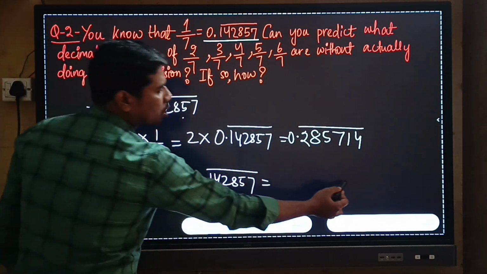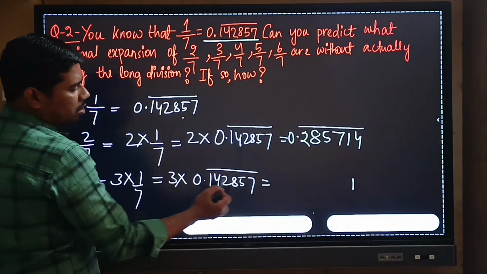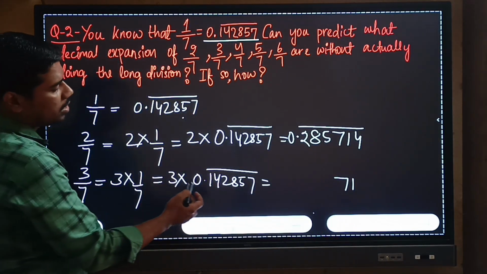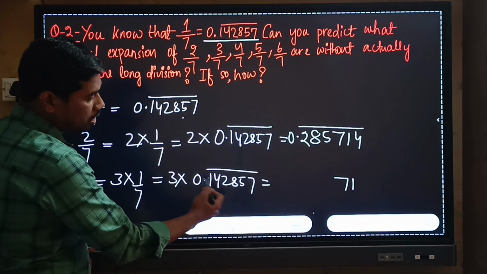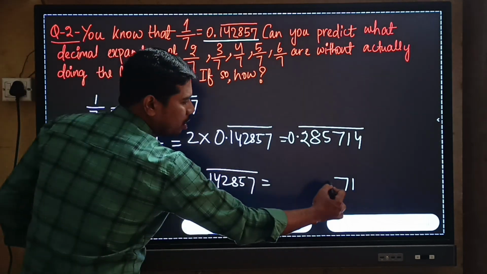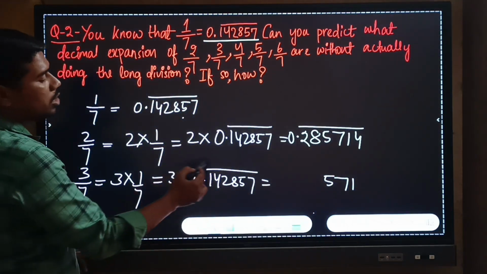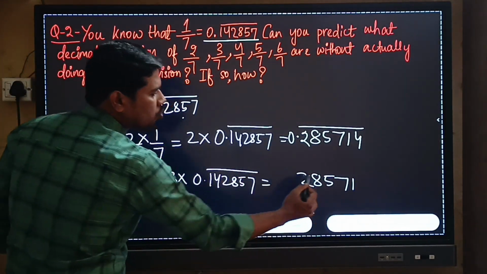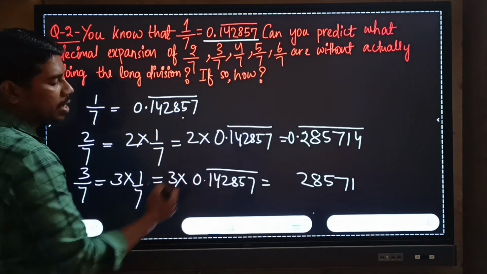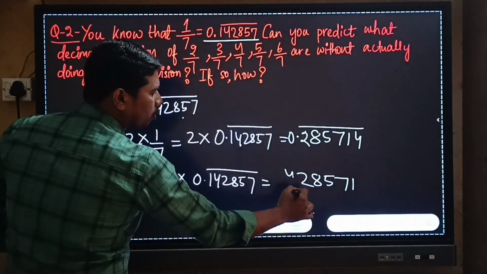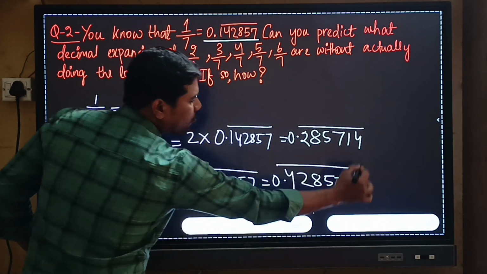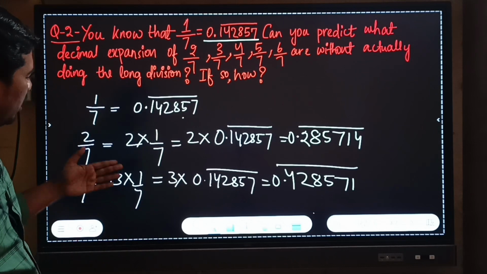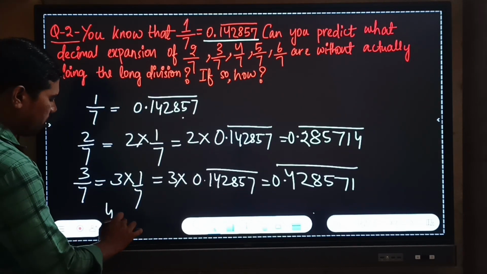So 3 7s are 21, 1, 2 carry. 3 5s are 15, 15 plus 2 is 17, 7, then 1. 3 8s are 24, plus 1 is 25, 5, then 2 will carry. 3 2s are 6, 6 plus 2 equals 8. 3 4s are 12, 2, 1 will carry. 3 1s are 3, 3 plus 1 equals 4. Then point. So 0.428571 with a bar on this.